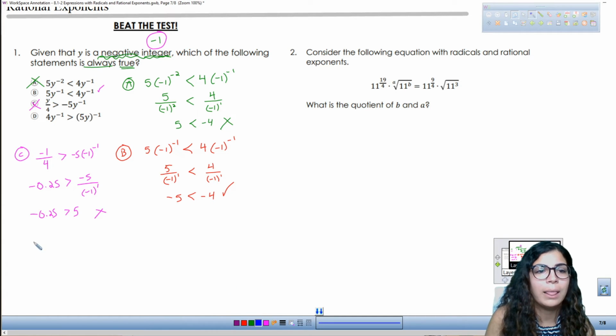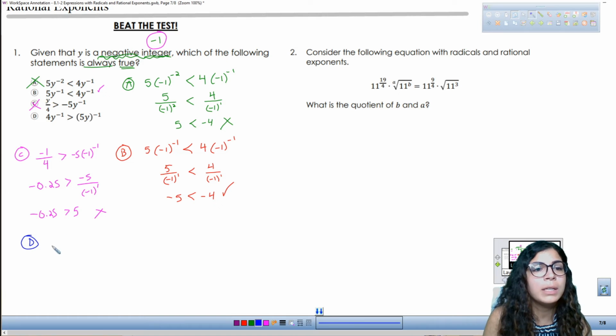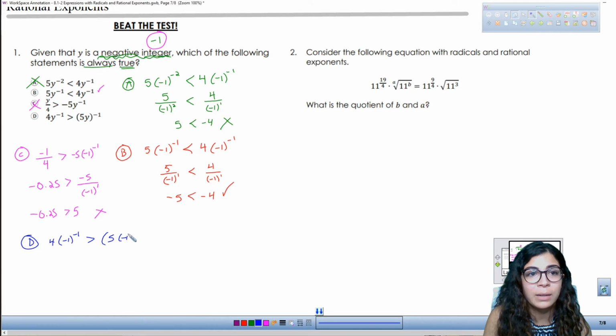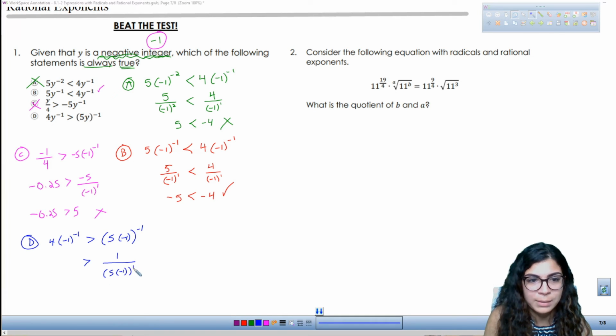Let's check D last. On D, we have 4 times -1 to the power of -1 is greater than 5 times -1, all to the power of -1. So all of this will change the sign and go to the denominator, with a power of +1.